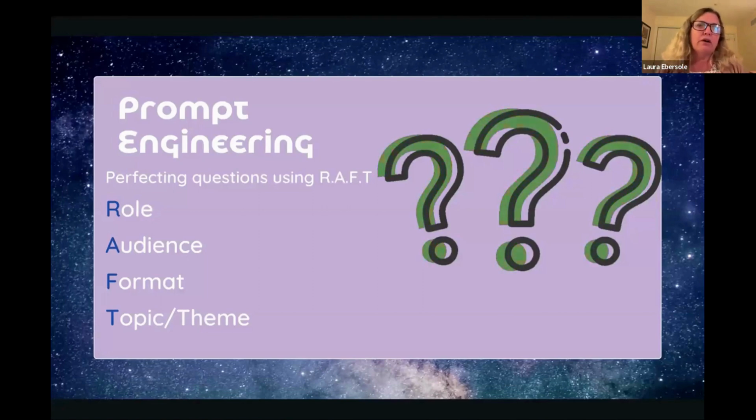So perfecting the art of the question when you're entering something into ChatGPT, Google Bard, something like that, you might want to think about something we've used in our English classes before called RAFT, which is the role, the audience, the format, the topic, and the theme. Imagine who you are. I'm a teacher. My audience would be a student or a parent.